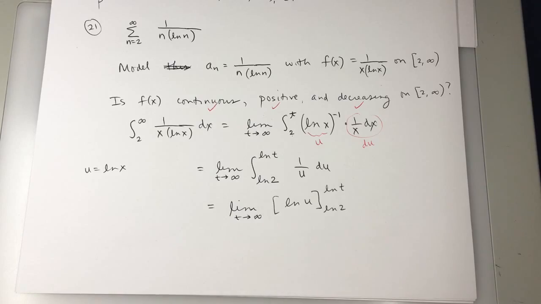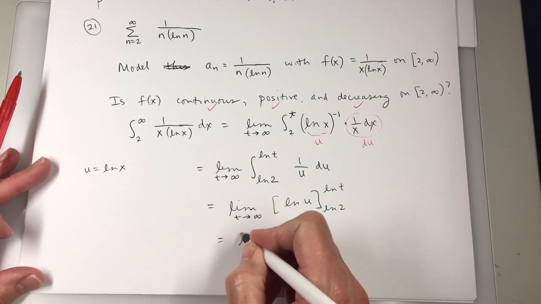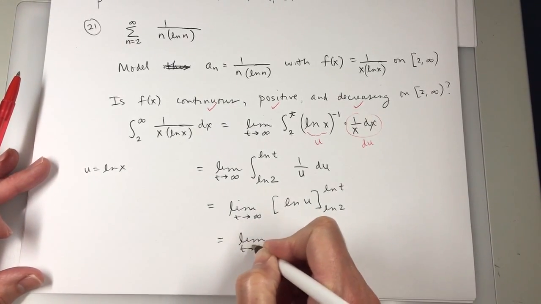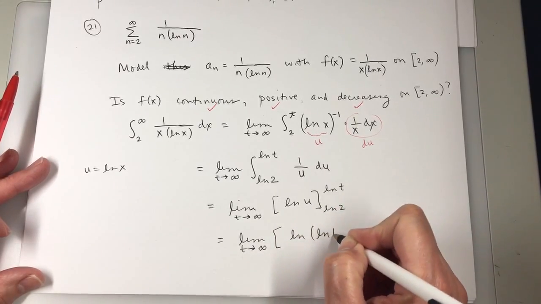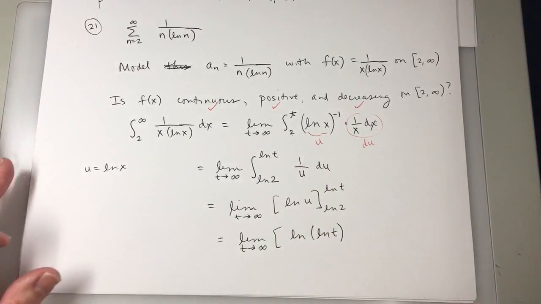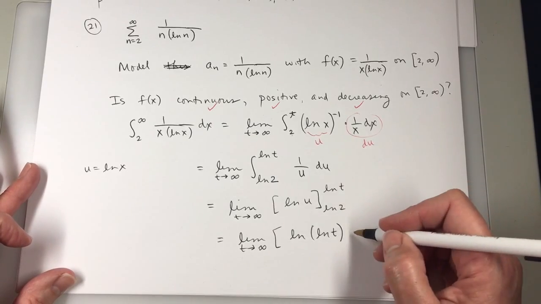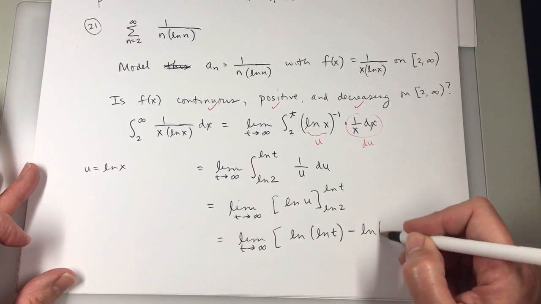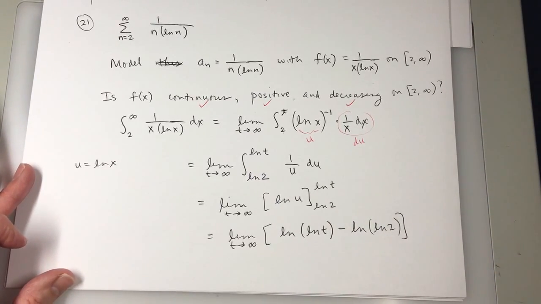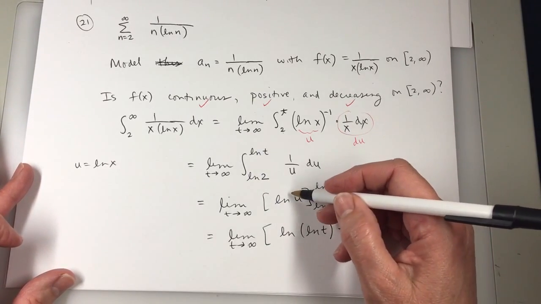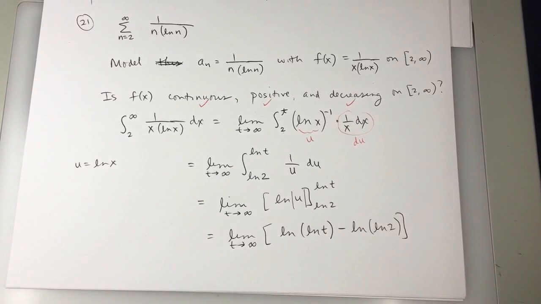So we'll plug in natural log of t first. The limit as t approaches infinity of the natural log of t minus the natural log of 2. And if you like, you put the absolute value, it should be the natural log of the absolute value of u, but u is always positive at this point.